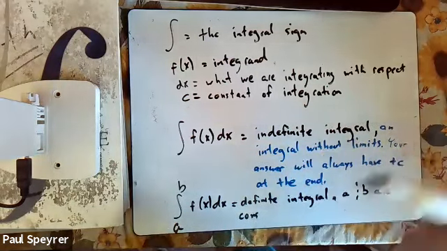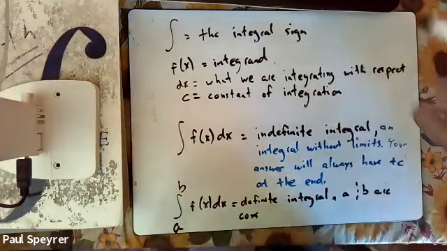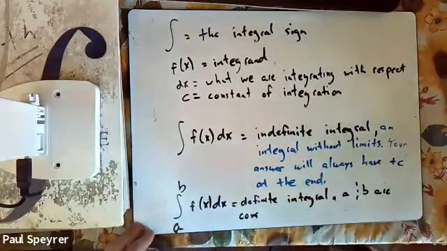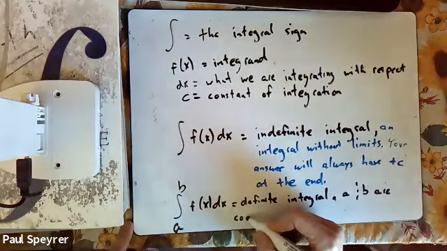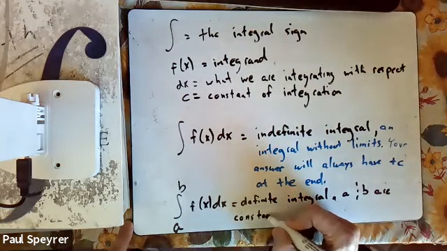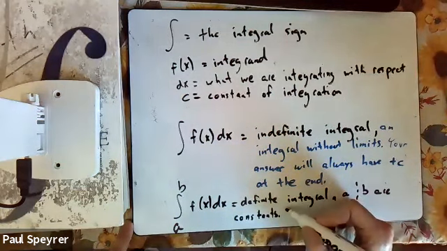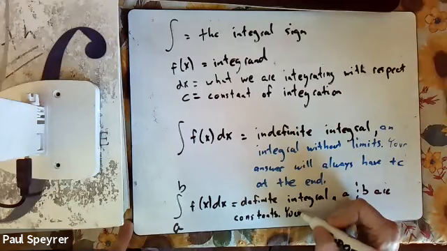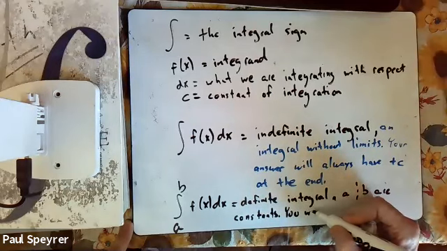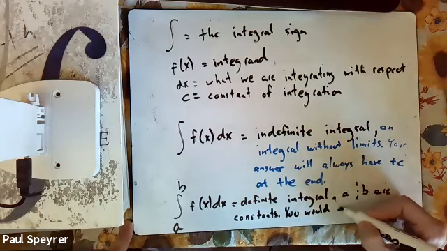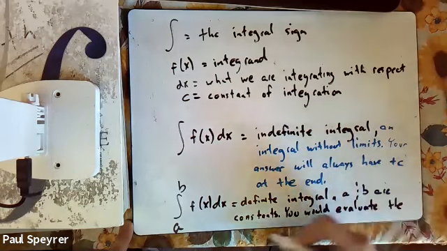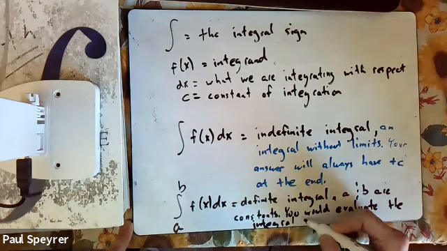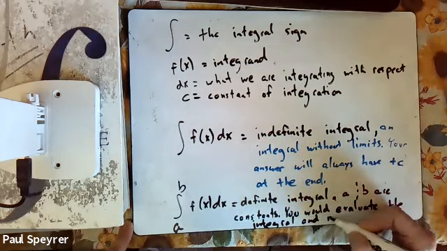Like it would be numbers that you could plug in to your integral and you would not have a c. So you would evaluate the integral and no longer have a c.